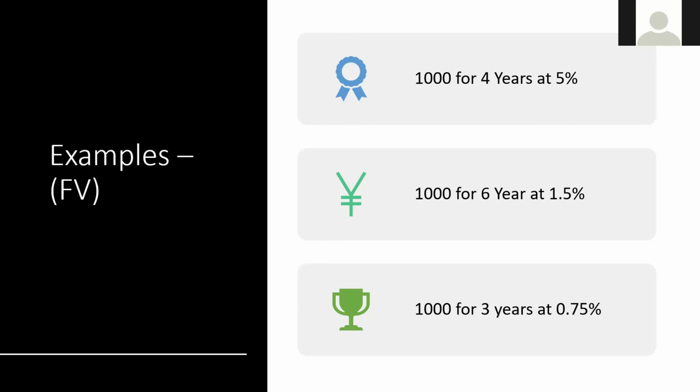Just remember the hint is that 1.5 needs to be divided by 100 and added to 1 and then raised to 6 years. All right, just remember that's the principle.